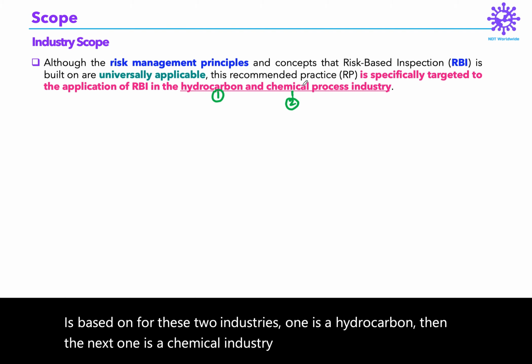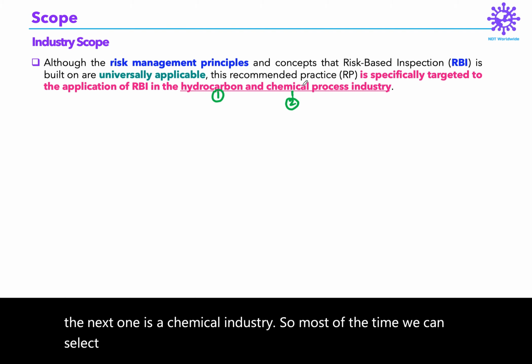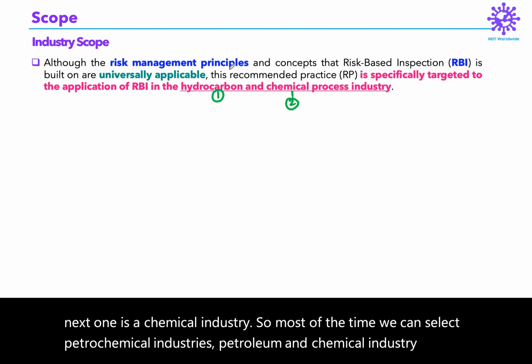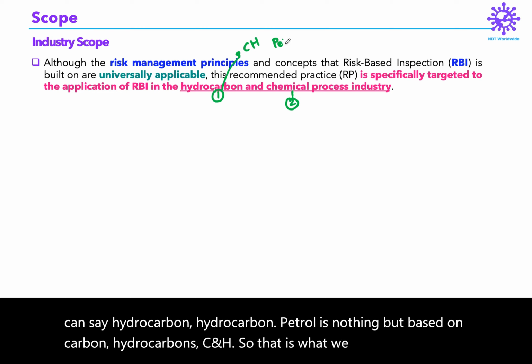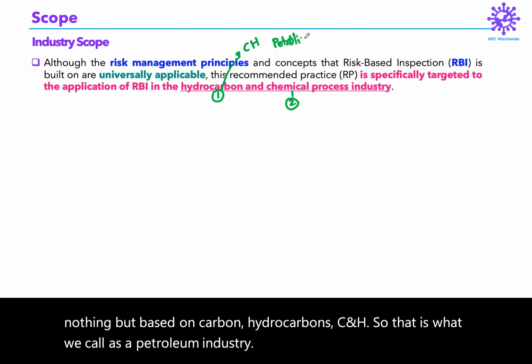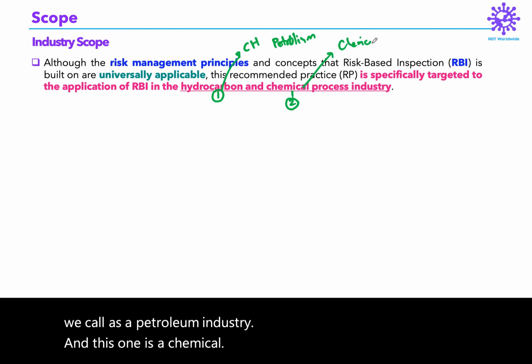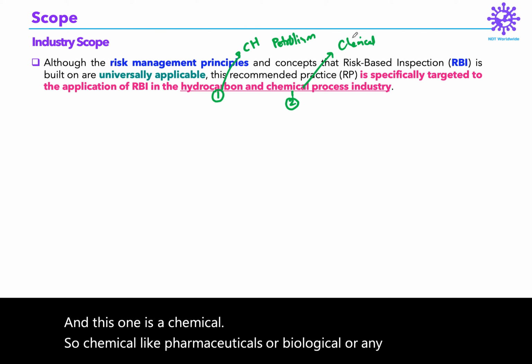Most of the time we can say petrochemical industries, petroleum and chemical industry, or hydrocarbon. Petro is nothing but based on carbon, hydrocarbons, C and H. That is what we call the petroleum industry. And this one is chemical, like pharmaceuticals or biological or any other chemical industries, medical industries.